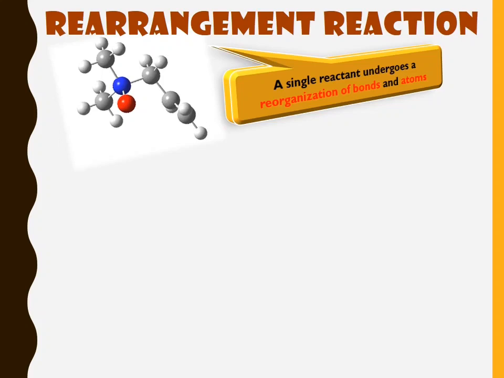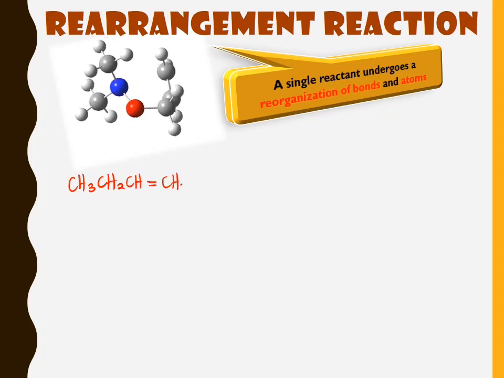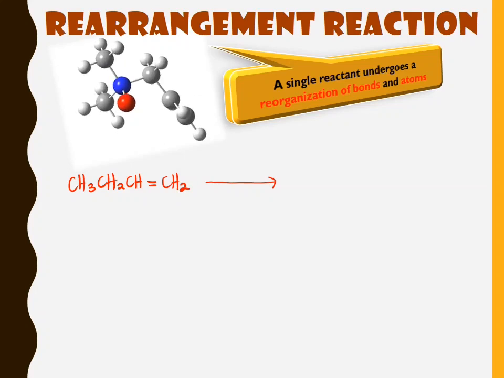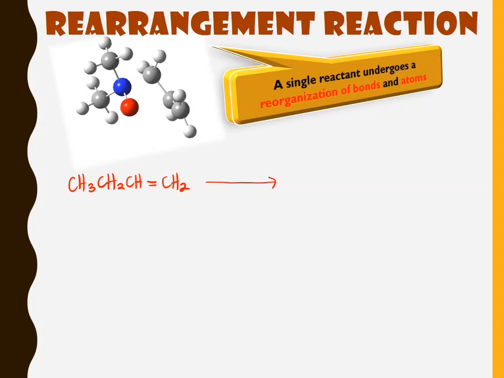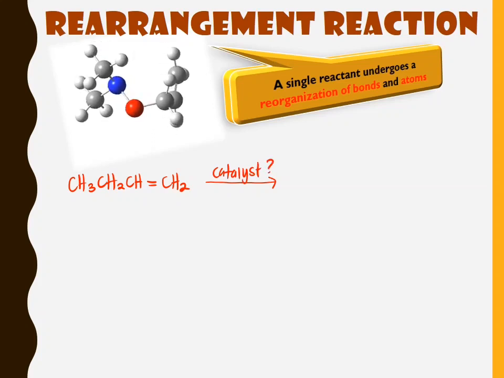Here I have butene, CH3, CH2, CH, double bond, CH2. Then I will rearrange this molecule to become a new molecule. In this reaction we need catalyst. What type of catalyst? Later you will learn about it.